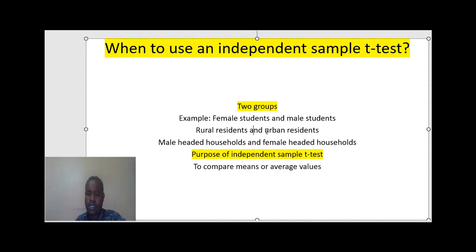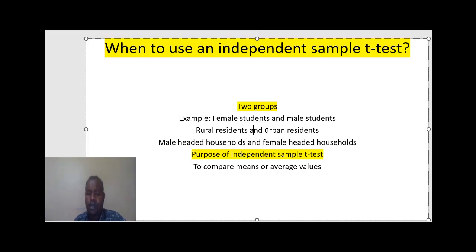And then for the urban residents, we do the same measurement of turning their economic activities into monetary value, and then we can compare and contrast the average annual income of the rural residents and urban residents, to find out whether or not there is an average income difference between rural residents and urban residents.